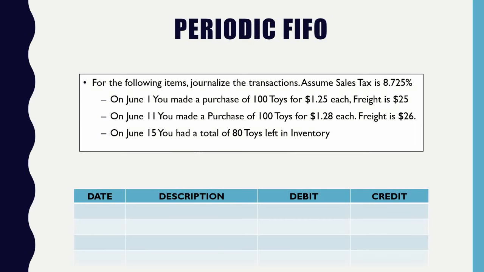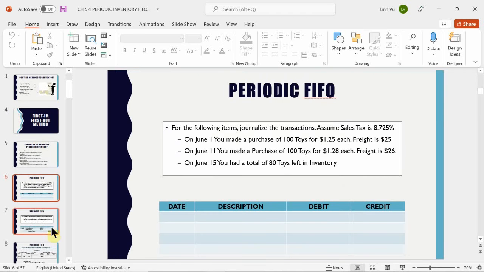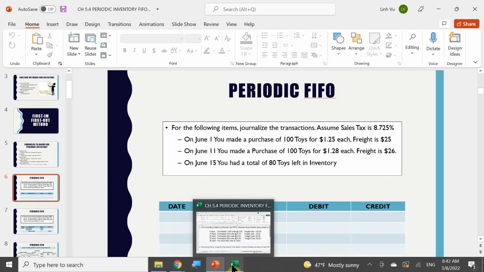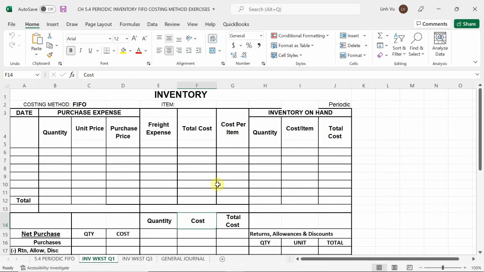Okay. Now, of course, here's the scenario, but I'm going to show you something real quick because what I'm going to be referring to is the inventory worksheet. Okay. The inventory worksheet that we're going to be using is going to look like this, okay? You have two sections. The top section, all right, where we're going to calculate our purchase price, our total cost, and cost per item, okay?